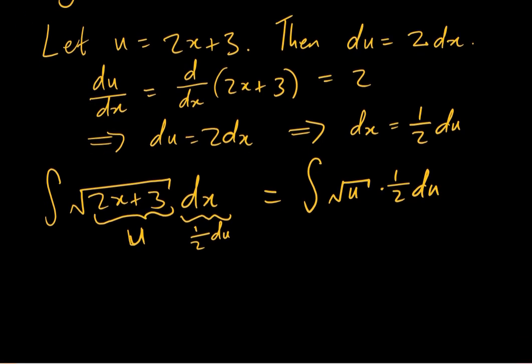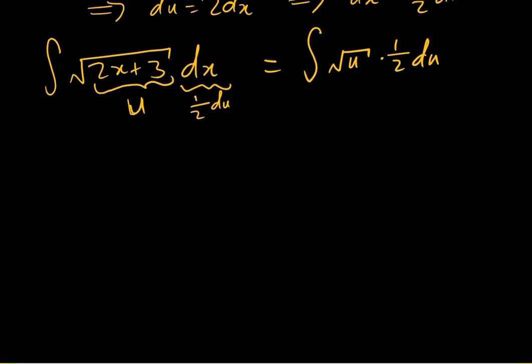Now the half is just a constant, so it can be pulled out of the integral. So we get a half integral, and the square root means the power of a half. So now you have u to the power of a half du.